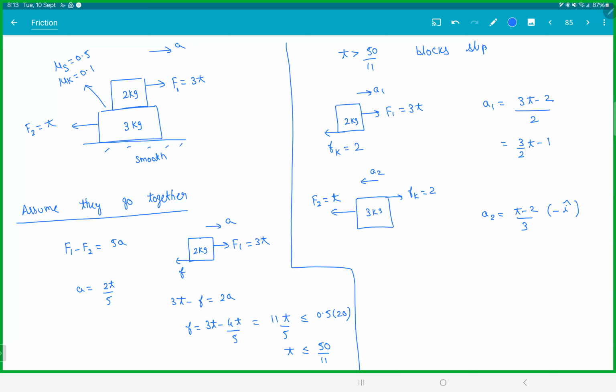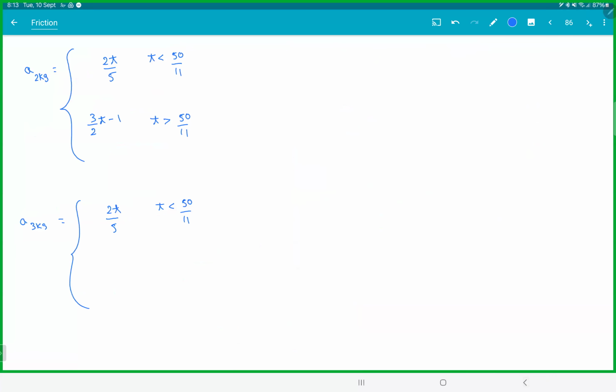Are my calculations right, or did I goof up somewhere? Okay, that friction is 0.5, na? Makes sense. Then this guy would be minus of t minus 2 by 3.